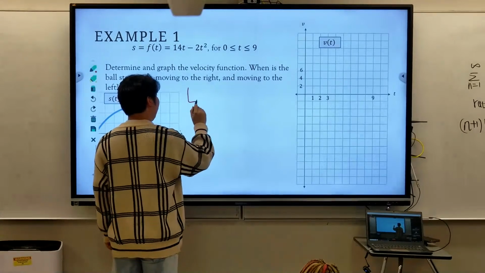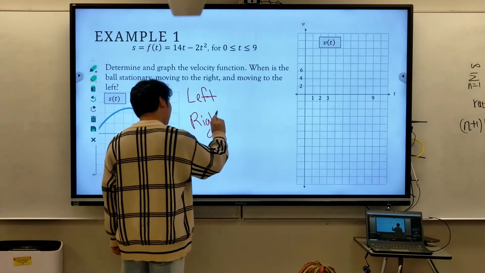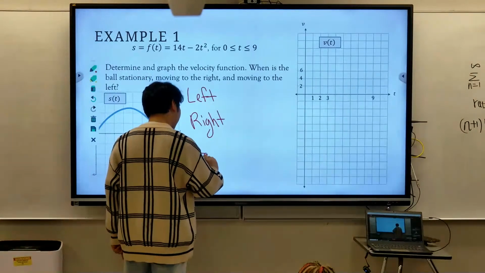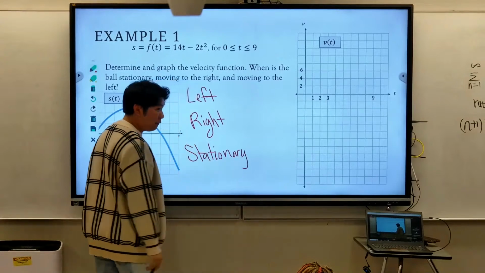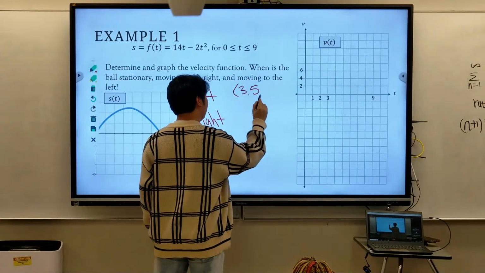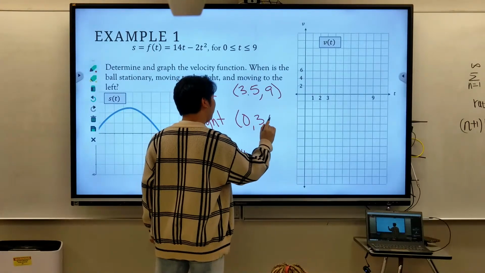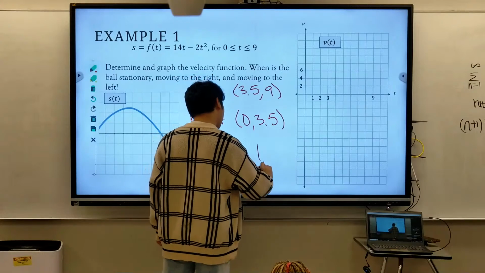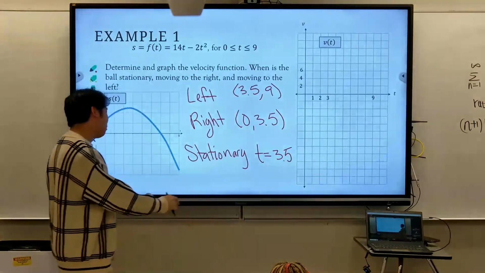So it was left, right, stationary. Again, stationary is just a fancy word for saying we're not moving. So left was 3.5 to 9 seconds. Right, we were 0 to 3.5. And then here we're at 3.5 seconds to be exact.